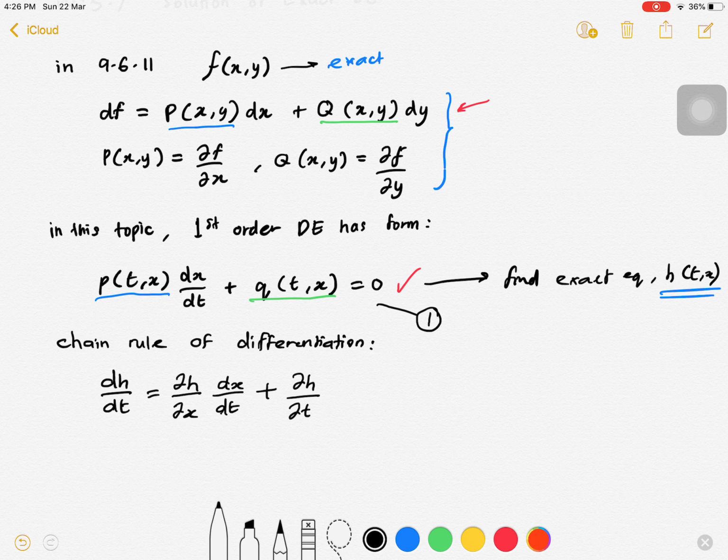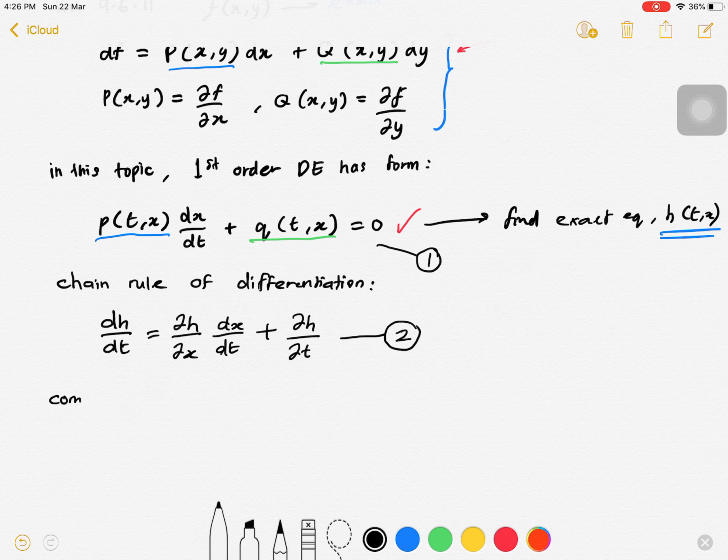You need to know the difference between delta and d. Delta is the partial derivative and d is the ordinary derivative. So we let this be the second equation.